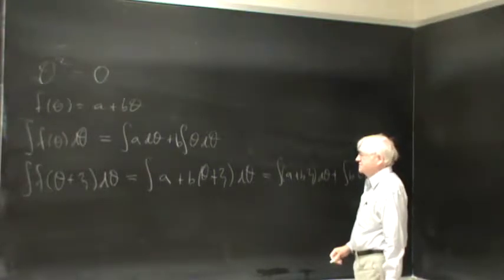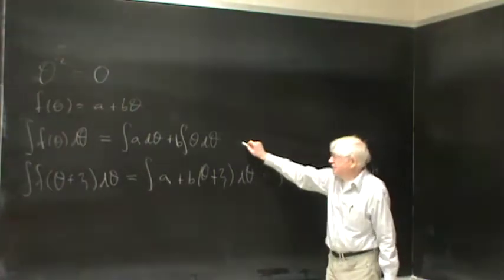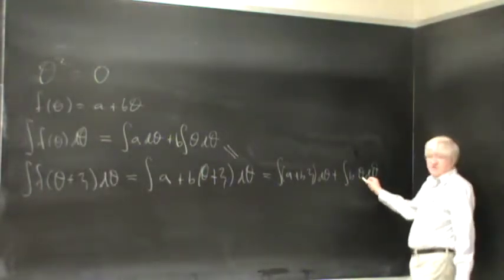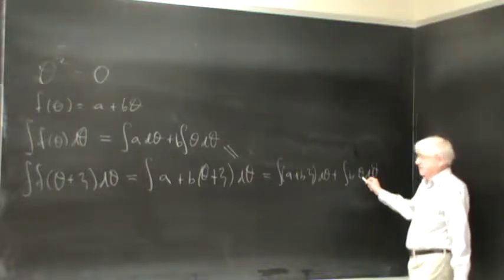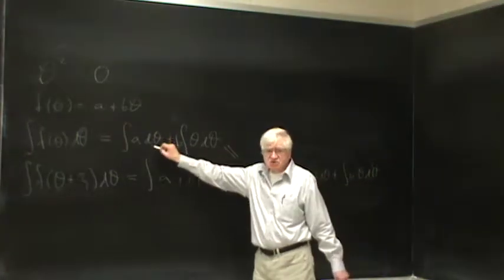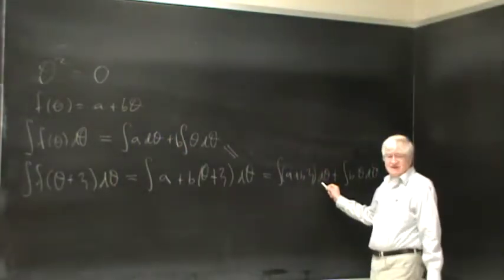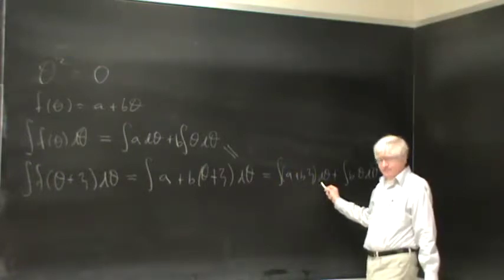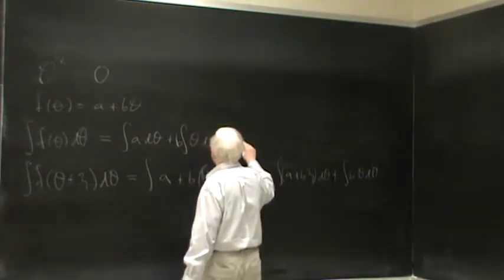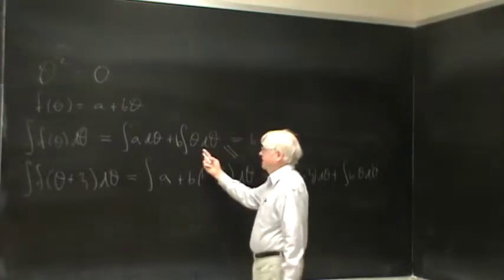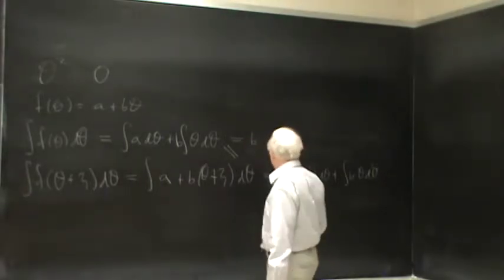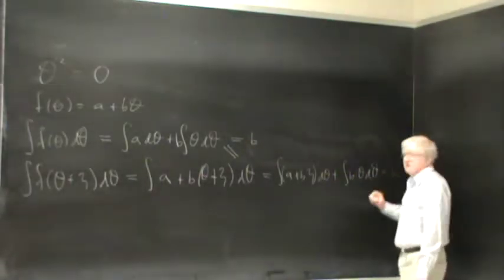And so we see if we want these two things to be equal, then we can have the integral of theta d theta equal to anything, because those two terms will be the same. But here this term has changed, and so we better set the integral of d theta to be 0. So that's our integral table, that this thing is just b. In fact, we're going to say the integral of theta d theta is 1. So the integral of f of theta is just b, and over here this is again b.